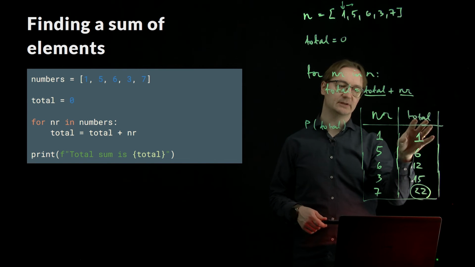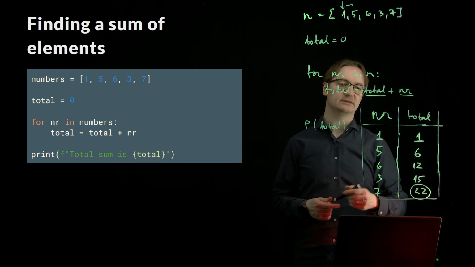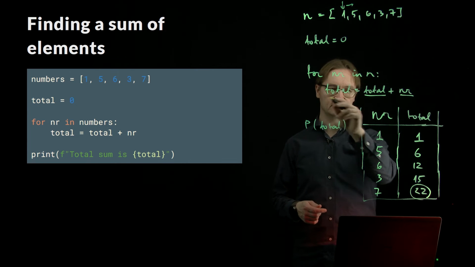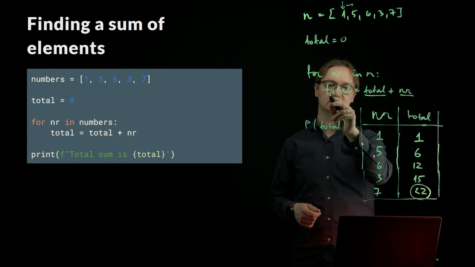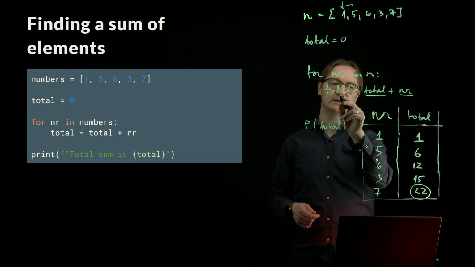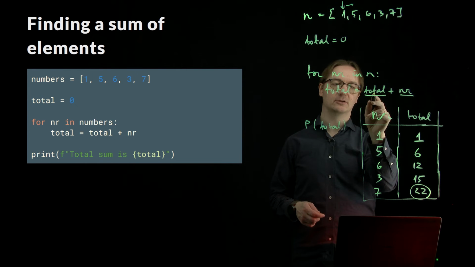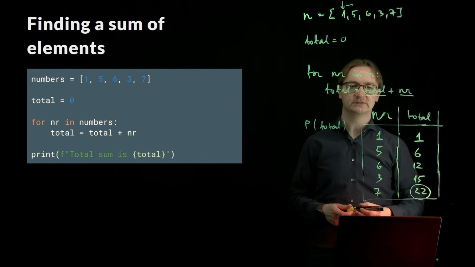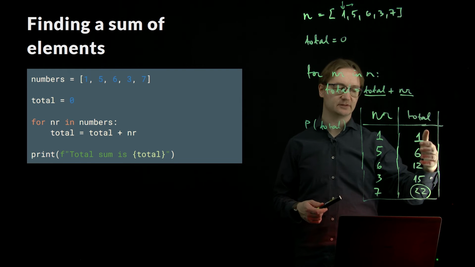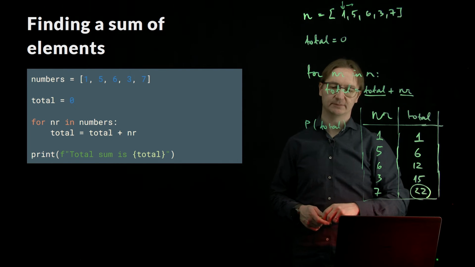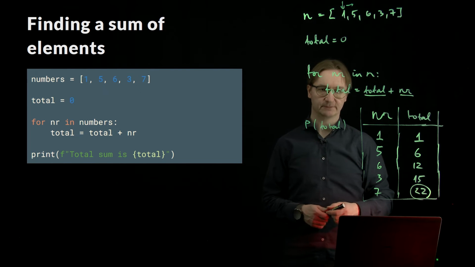The total will also be changed, but this is changed because we do it ourselves. We are the ones who are changing the total value to become the total plus current number. So we are adding up the numbers into this total variable, and in the end we print it out.